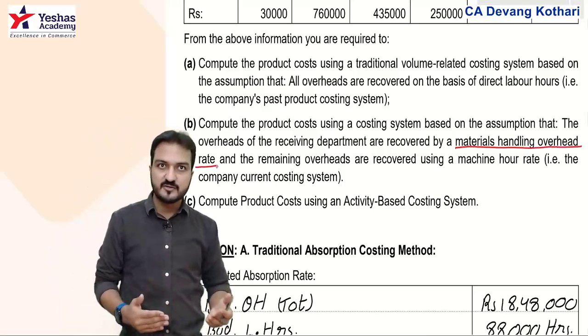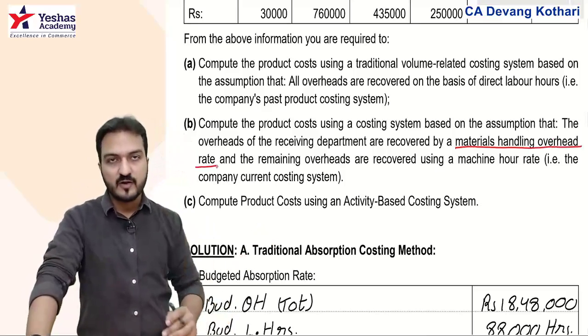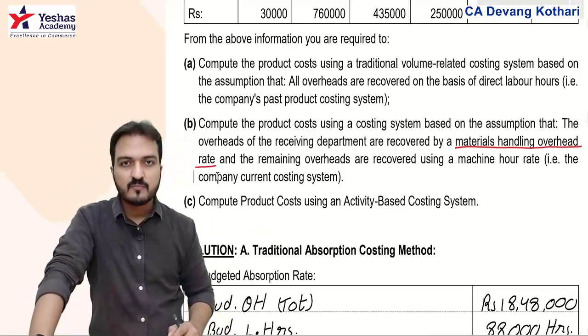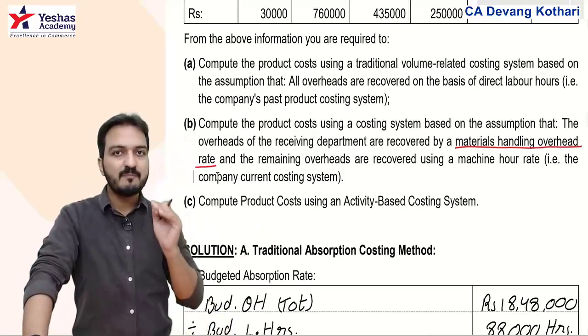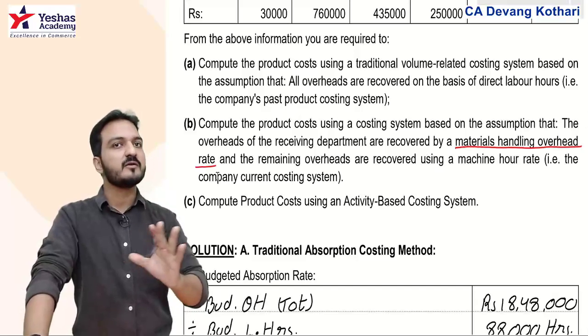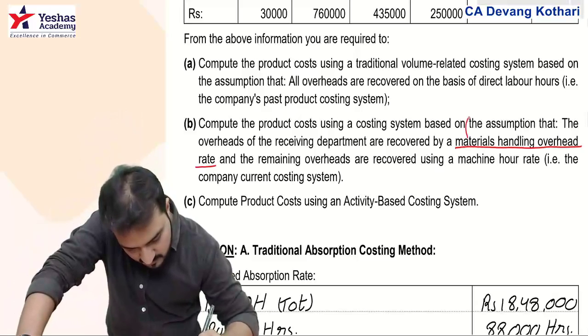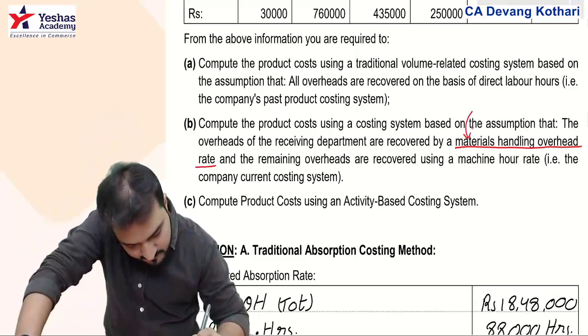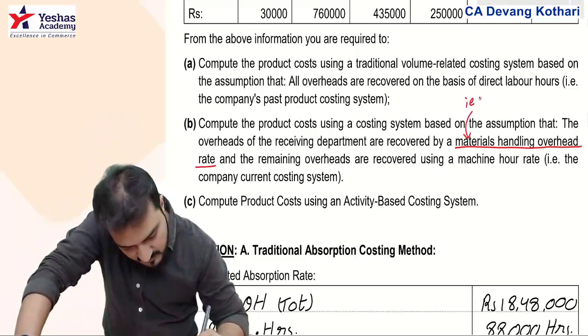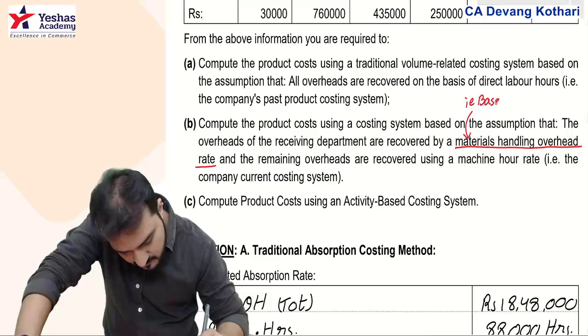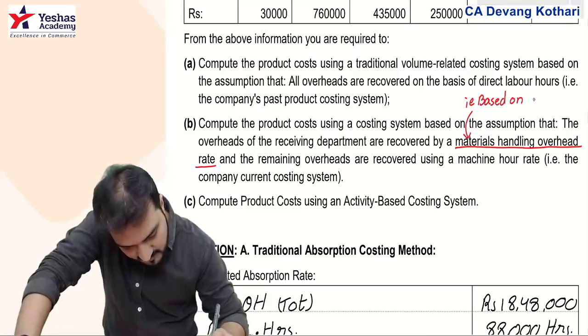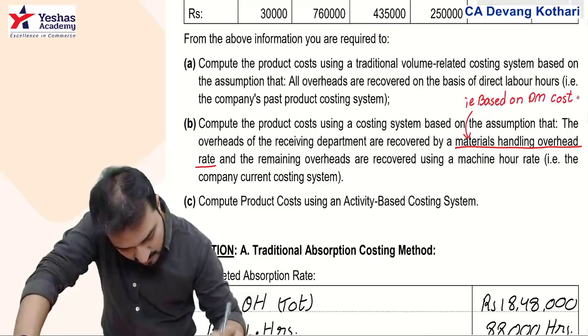I'll tell you what does it mean. Material handling overhead rate, meaning your absorption rate should be based on direct material cost. Material handling overhead rate, I'll write the meaning here. That is based on direct material cost.